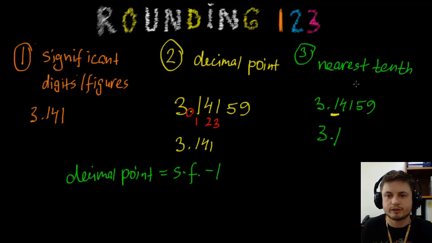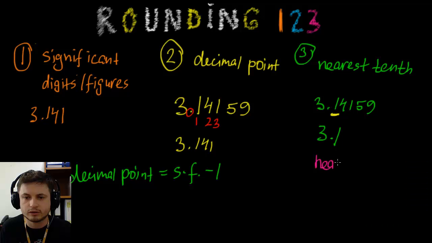If you're asked to find this, here's the trick example. If you're actually asked to find this to the nearest tens, not tenth, but tens, so in other words, numbers like 20, 30, 40, 50, how would you rewrite this? So this is a tricky question.